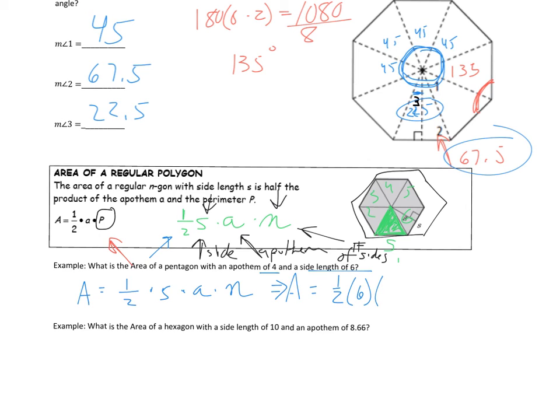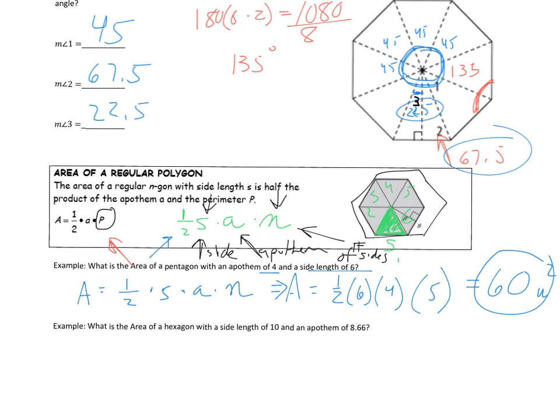It says the apothem is 4. But it says it's a pentagon. So how many sides does a pentagon have? That's right, 5. So 5 times 4 is 20, times 6 is 120, and half of that would be 60. Unfortunately, I didn't give you any units here, so we would just say 60 square units.